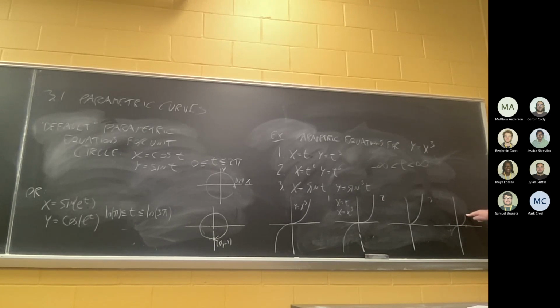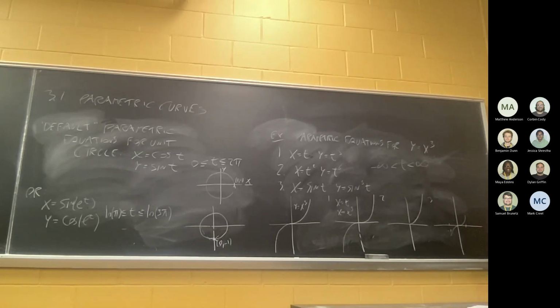And t continues increasing. When t is pi, I'm back here. And then I let t continue increasing, for instance, to when t gets to 3 pi over 2, I'm down here. As I let t continue increasing, what am I going to get in terms of points? Yeah, it's going to trace over itself again and again.